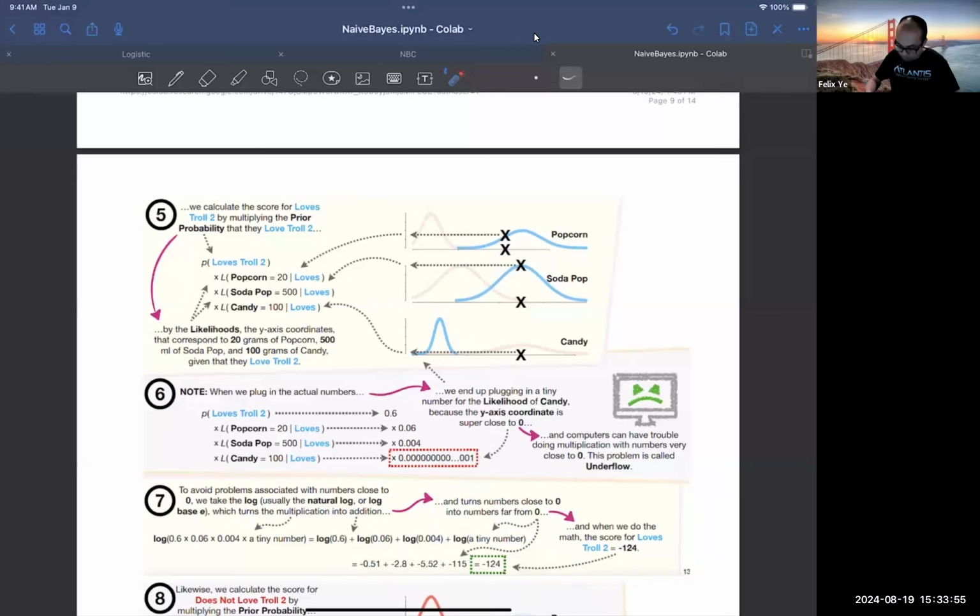The logarithm of this super tiny number is minus 115. Think about how small e to the minus 115 is. It is so close to zero that you can't even express it on your computer. Then we do the math, and we find the score will be minus 124.